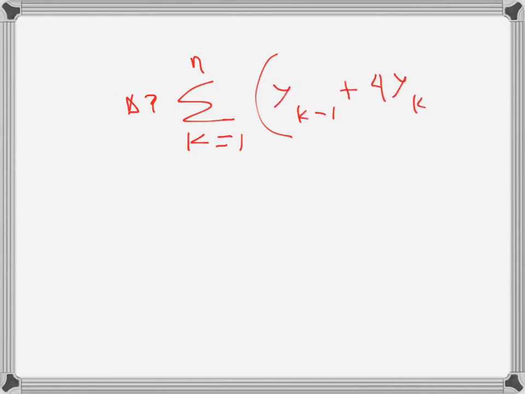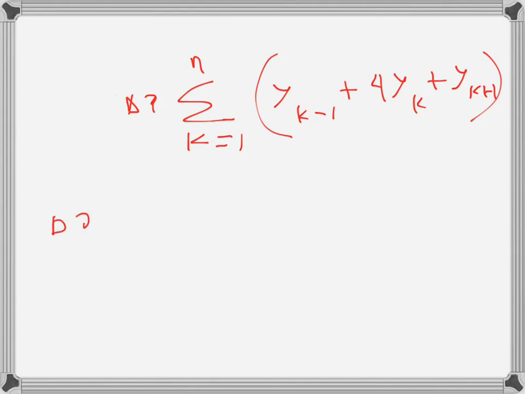So Simpson's rule is like this. We have del x, which is again the separation, but then the formula goes like this. If we say k is equal to 1 to n, this goes like yk minus 1 plus 4yk plus yk plus 1. This is how it is.